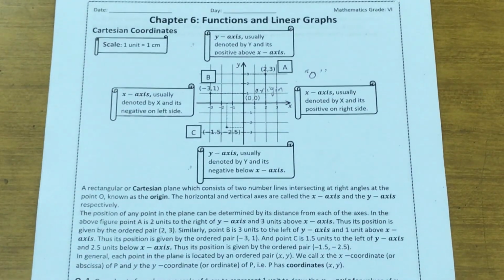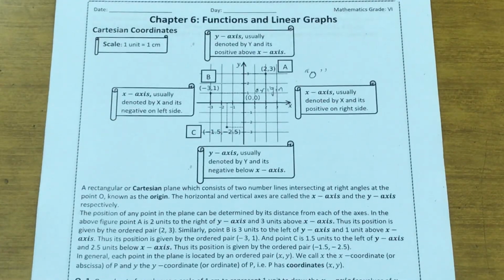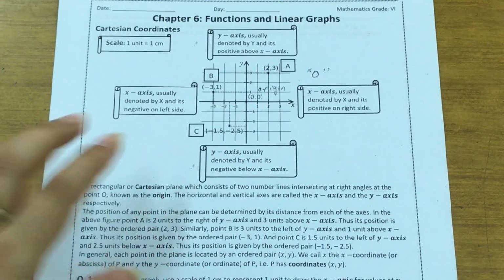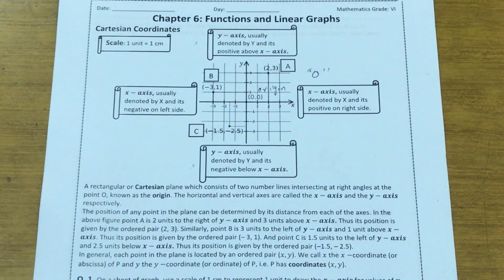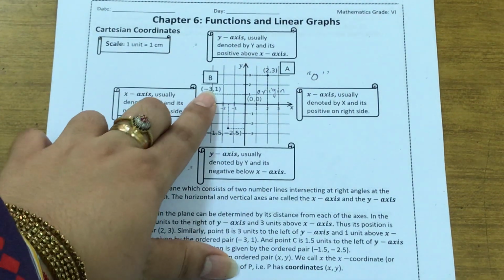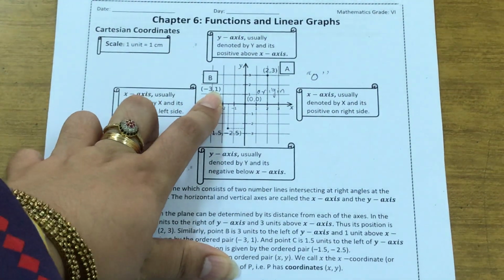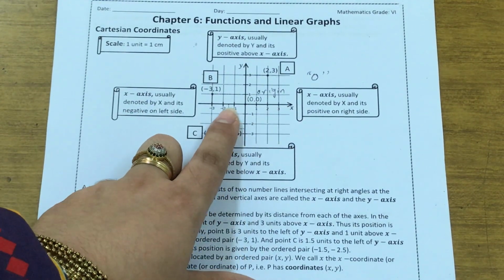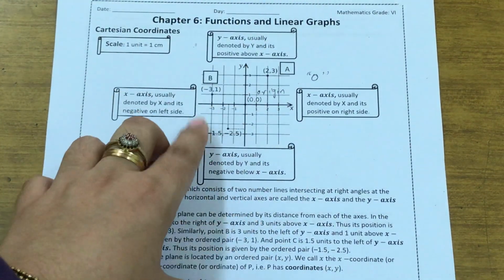Now similarly, let's see our second point. Our second point is -3, 1. As I have told you, the x-axis will be negative on our left hand side.